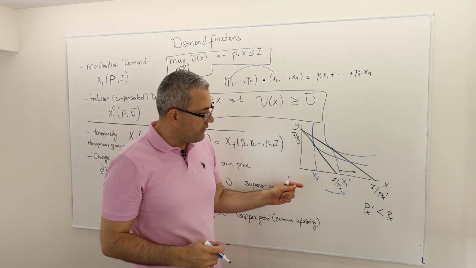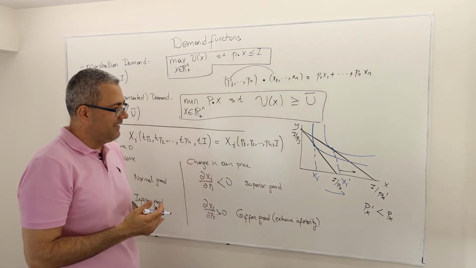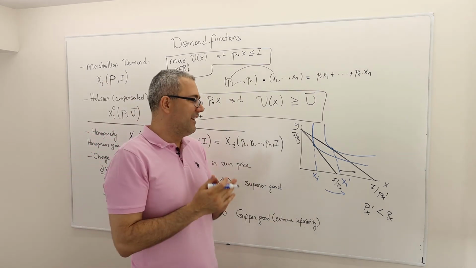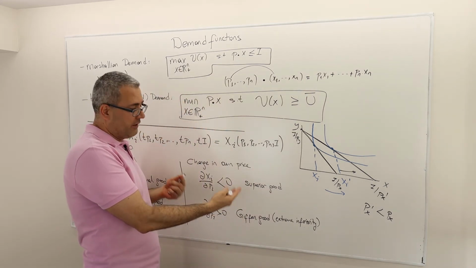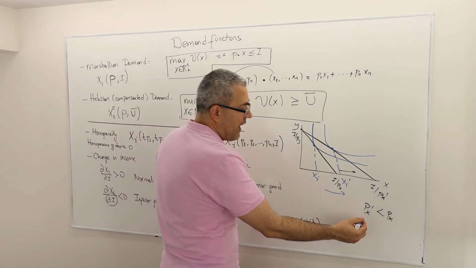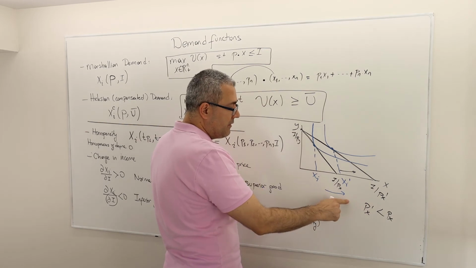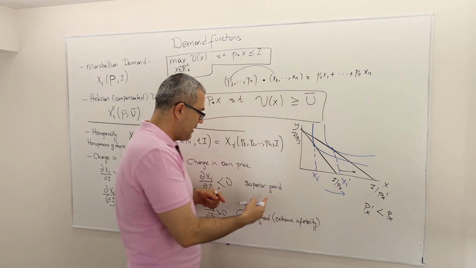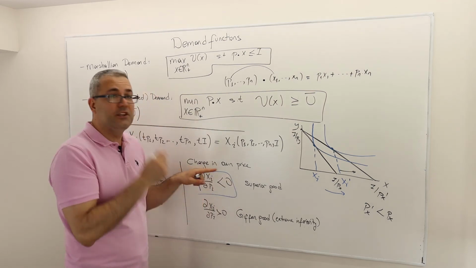So this is for a superior good, obviously. Here what I'm basically telling you is that as the price of the good decreases, the demand for this good increases. So I am talking about a change in own price.